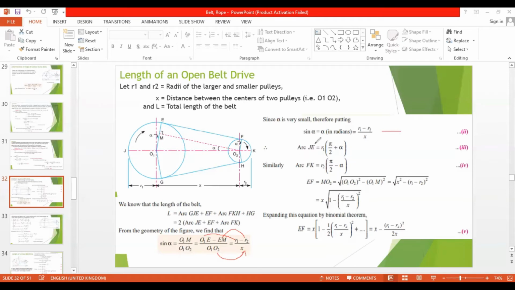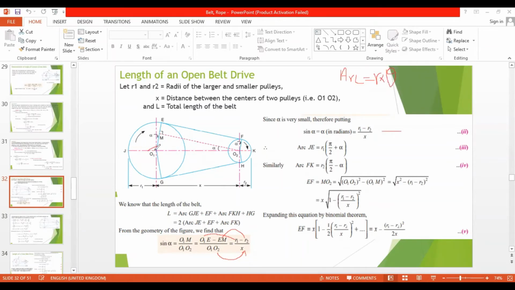Then we go for the arc JE. Alpha we have found as R1 minus R2 upon X, and there is another 90 degrees, that is pi by 2. You know how to find the arc length: the length of an arc is equal to the radius into the angle subtended by the arc, R theta.